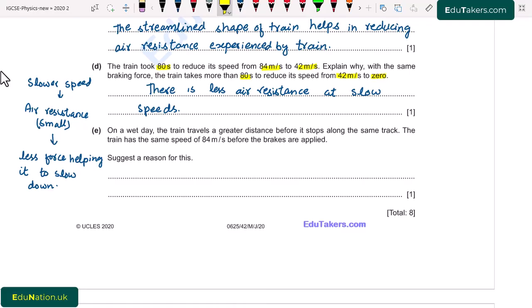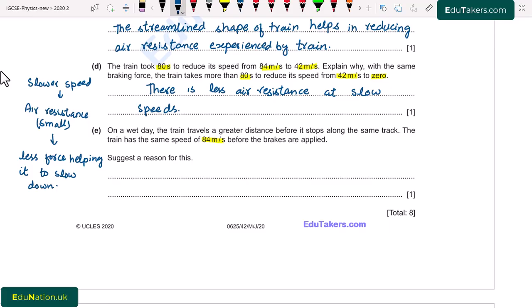Next part, the E. On a wet day, the train travels a greater distance before it stops along the same track. The train has the speed of 84 meters per second before the brakes are applied. Suggest a reason for this. So, if you consider bikes and motorcycles, on a wet day, when you stop, you are gonna travel slightly further than you are usual.